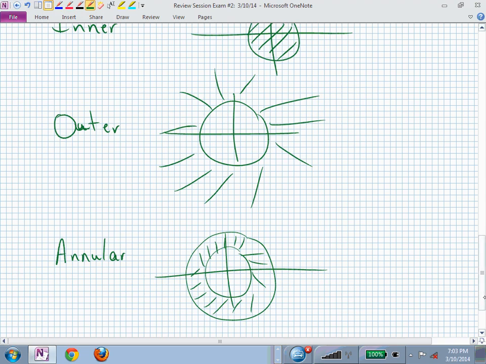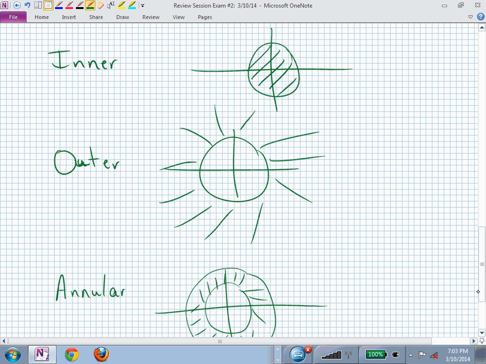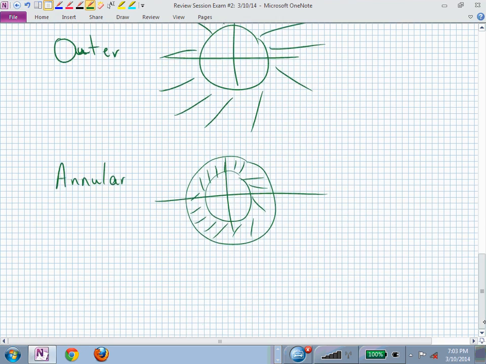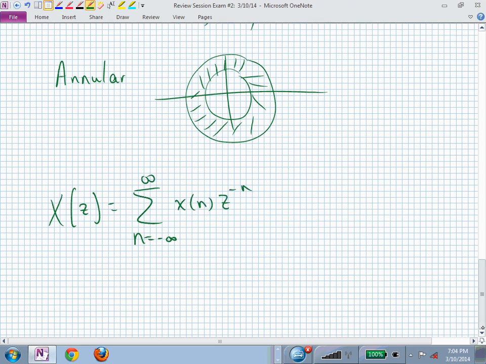And now all you really need to know is what happens relative to those 3 different types of regions of convergence. To understand that, we can go back to our definition of the Z transform. The Z transform in general is this infinite sum from minus infinity to infinity of x of n, z to the minus n.